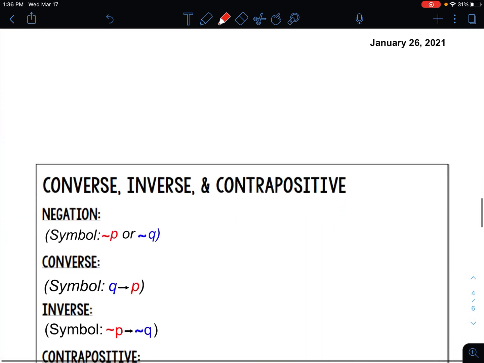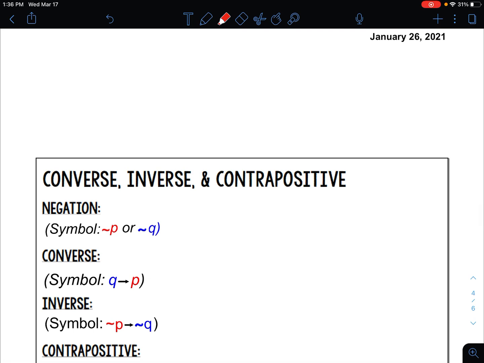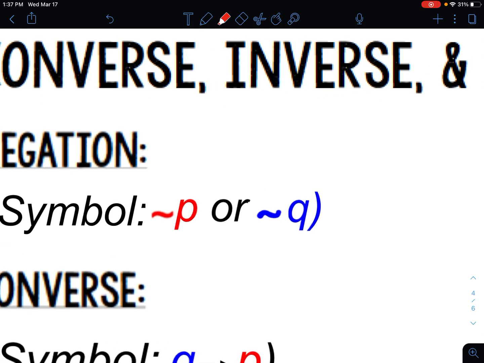All right, now we're getting into what we call negation, and then different ways to rewrite the conclusion and the hypothesis, and then seeing if things are true or false. The first thing says negation. Think of words like not, isn't, stuff like that, where we use different words to make it sound the opposite. That little tilde, squiggly symbol, is the symbol for negation, okay?